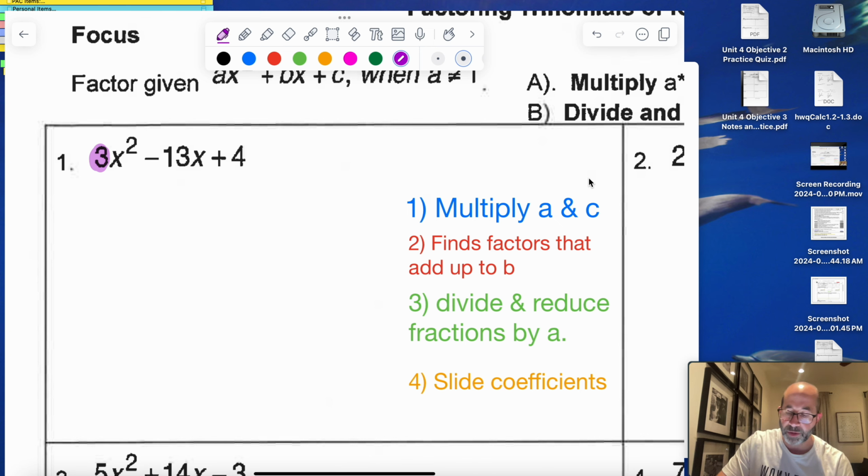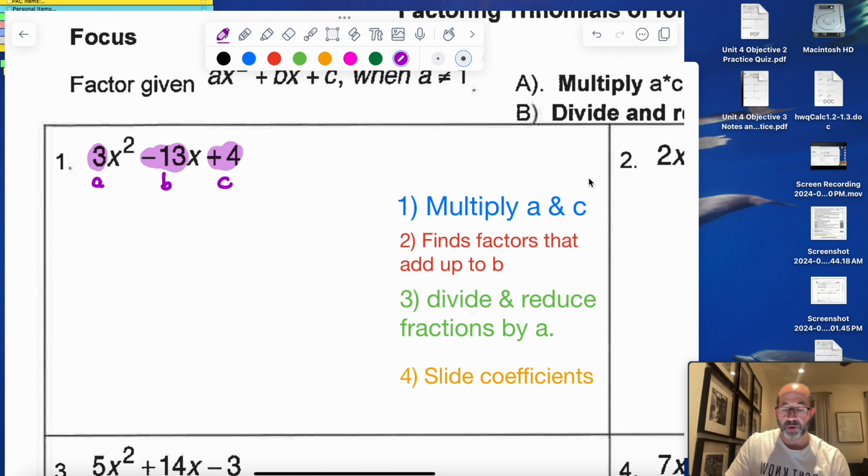So when we look at a number that's attached to x squared, we call that the a value. When we look at the value that's attached to the x, we call that the b value. And we look at the value that's off on its own on the right side there, we call that the c value, okay?